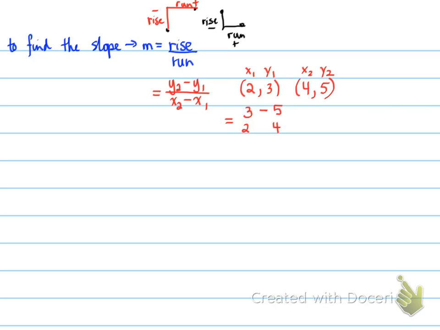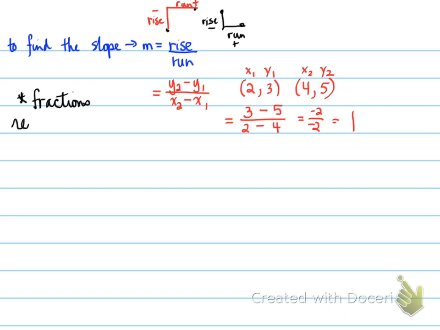That is 1, 2, 3. And what that will give us is how to find the slope. 3 minus 5 is negative 2. 2 minus 4 is negative 2. The answer is 1. So the slope in this example would be 1. We use the formula y2 minus y1 over x2 minus x1.